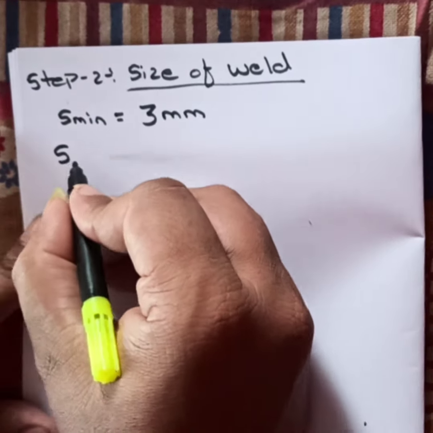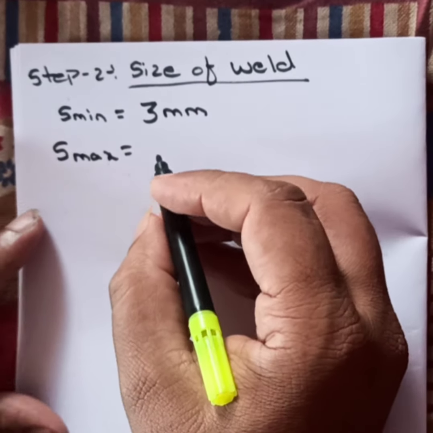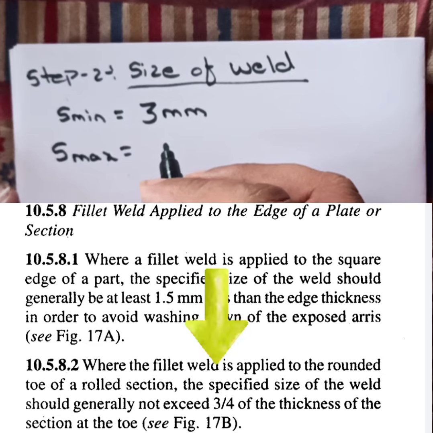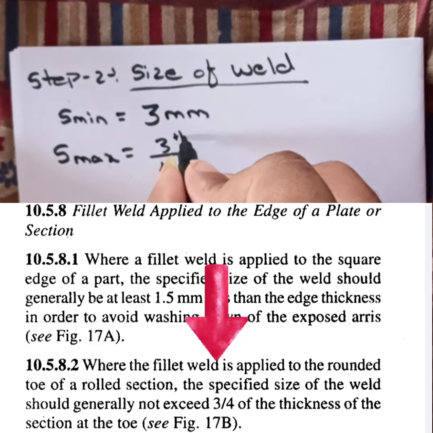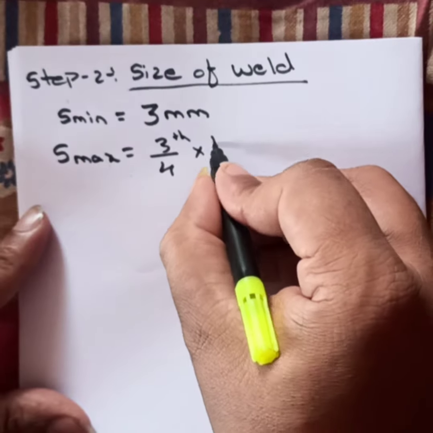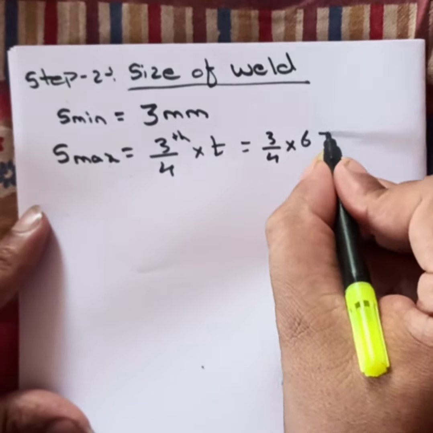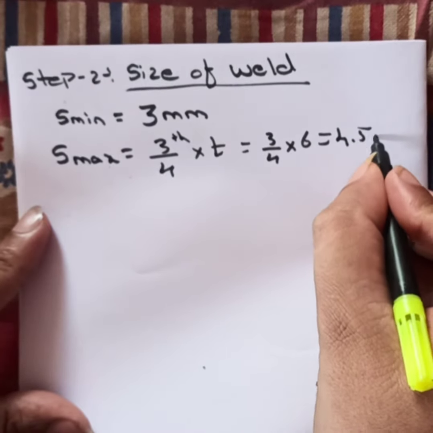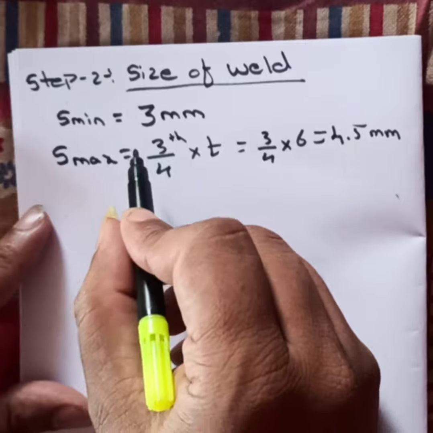And maximum size of the weld, as per IS 800, for the rounded toe of the angle, is 3/4 of the thickness of thinner plate, 3/4 of t. So 3/4 of 6 comes around 4.5 mm. So maximum we can go for 4.5 mm and minimum we have to provide 3 mm.